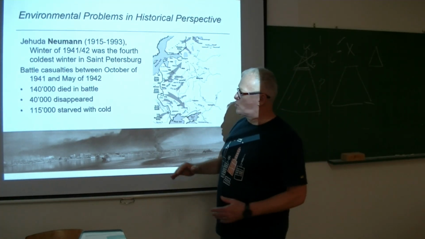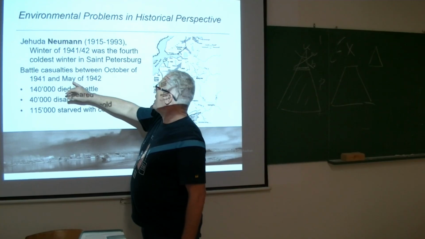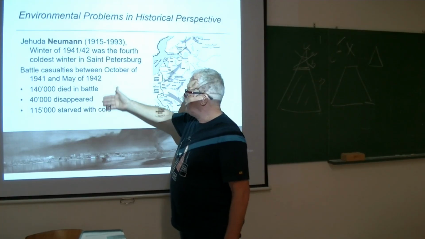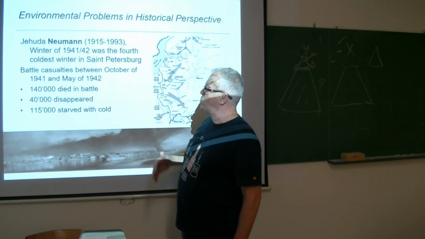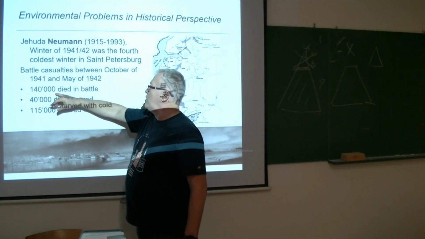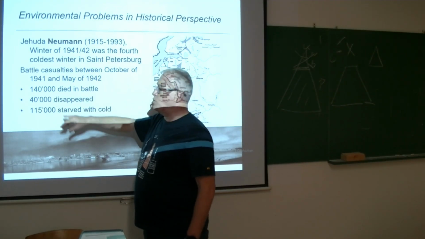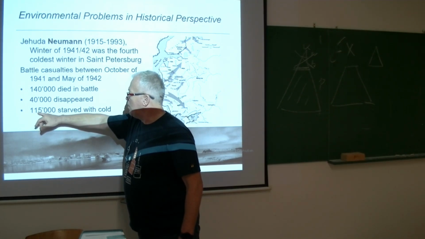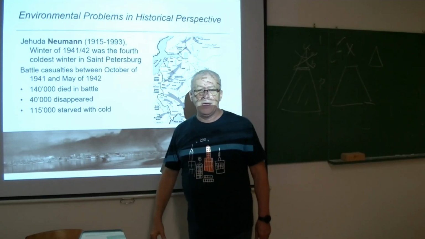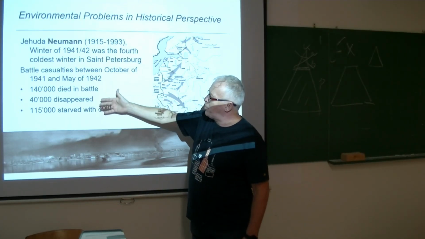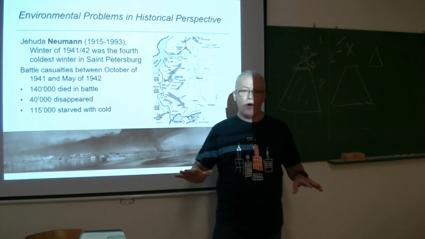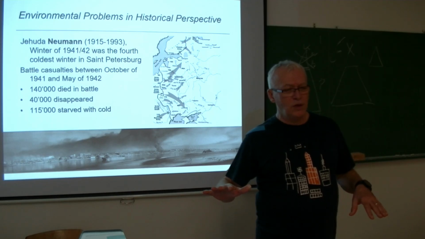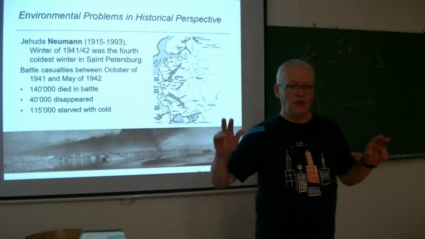And very interesting, the short version, between October of 41 and May of 42, this is the list of the German army: 140,000 died in battle, 40,000 disappeared, no information, and 115,000 starved with cold. And if we calculate this list, the same proportion of the lost soldiers of the German army was on the side of General Winter.